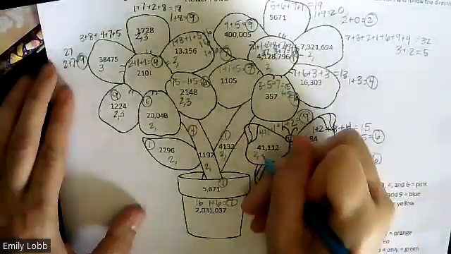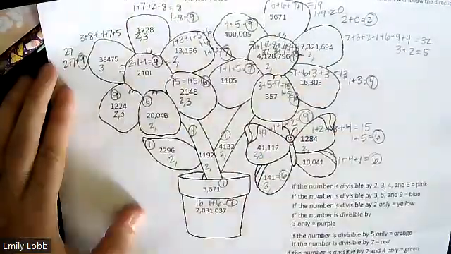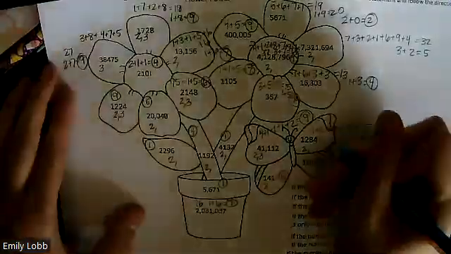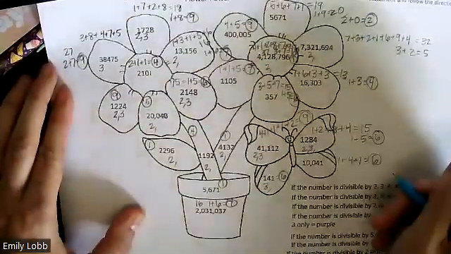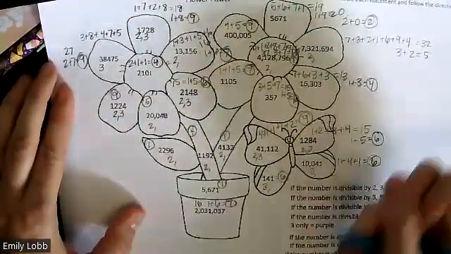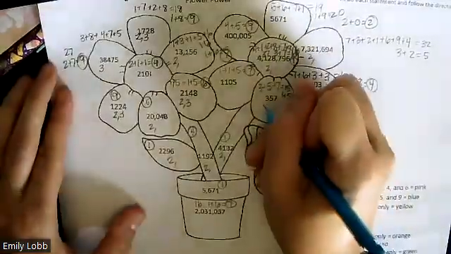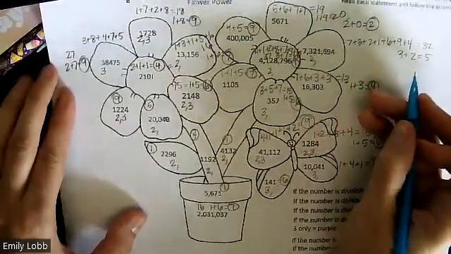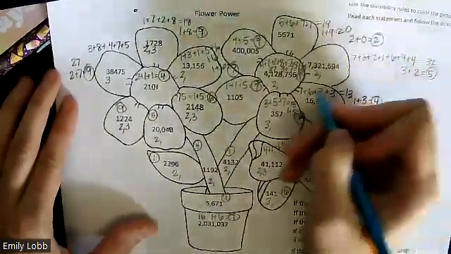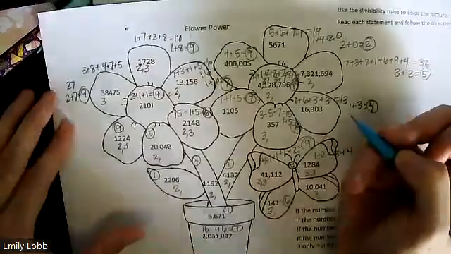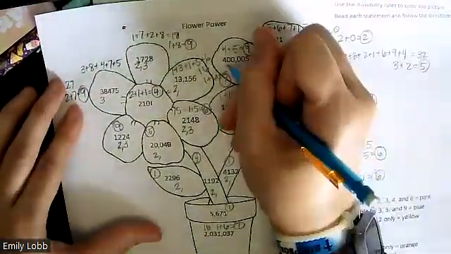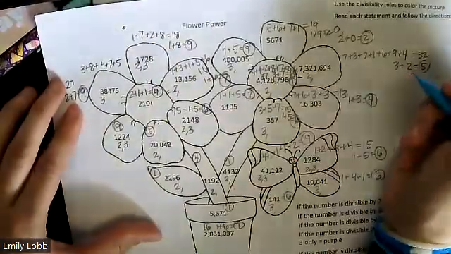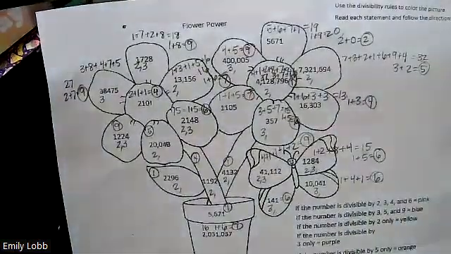This one added up to 9, so this is also a 3. This one added up to 6. This one added up to 6, so those are both 3s. This one also added up to 6. That was a no, a no, a no, a no, that's a 1. This adds up to 9, so that's a yes for 3. That adds up to 2, so that's a no.